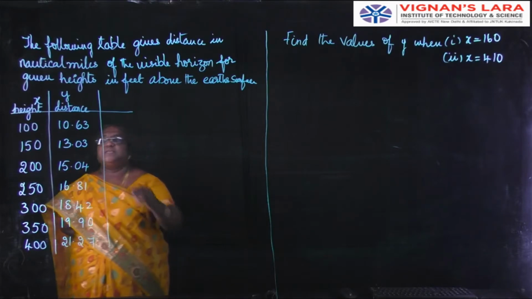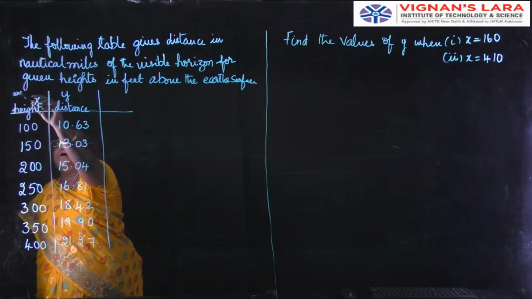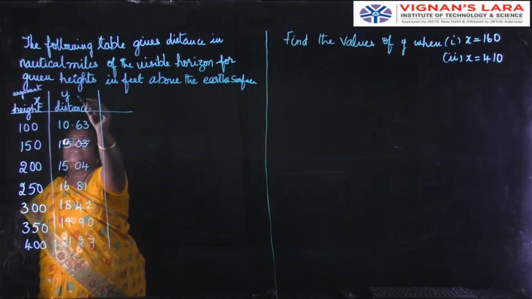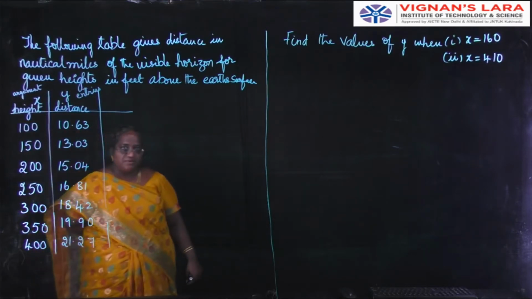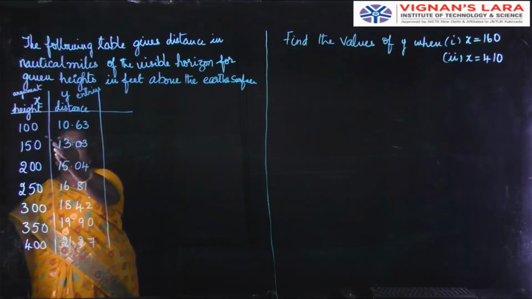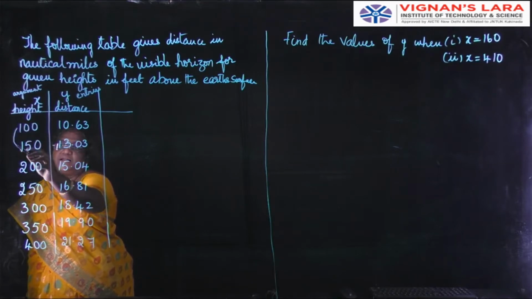So now let us see the intervals. These are arguments. We call them arguments. And these are entries corresponding to x. Whatever values are given, we call them entries. So first let us see how the values of arguments are spaced. See the difference between 100 and 150.